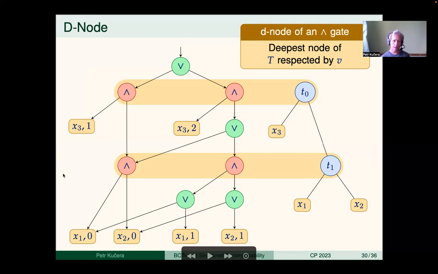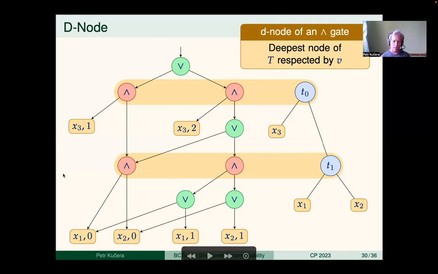And from the satisfied gates, we can take a minimal subcircuit that still is satisfying, but we remove the gates that are not needed to witness this fact. In this way, we obtain a tree. This is because the structure, the DNNF, is decomposable. So this is due to decomposability.